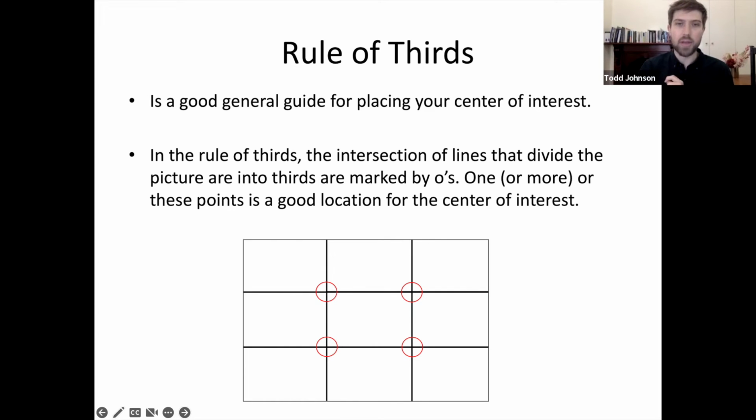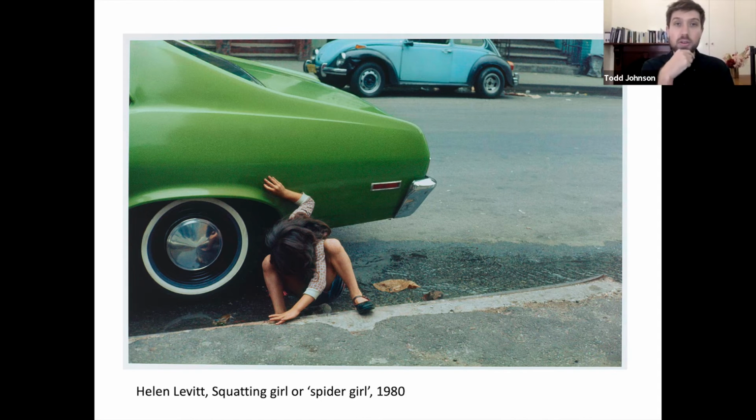So an example. This is a very well-known photograph by Helen Levitt, who was a brilliant street photographer, one of the pioneers of color photography. And I want you all now just to consider, where is the area within the frame that commands your attention? Where do your eyes go?